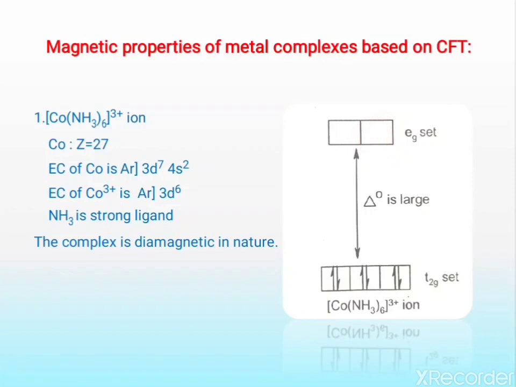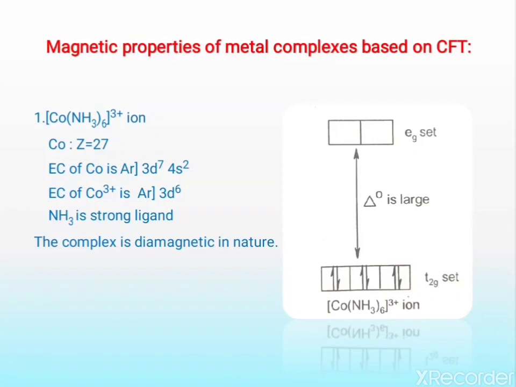That's why the d orbital, which has 6 electrons, has all 6 electrons going to the t2g set only. In this complex there is no unpaired electron. Hence, the complex is diamagnetic in nature.